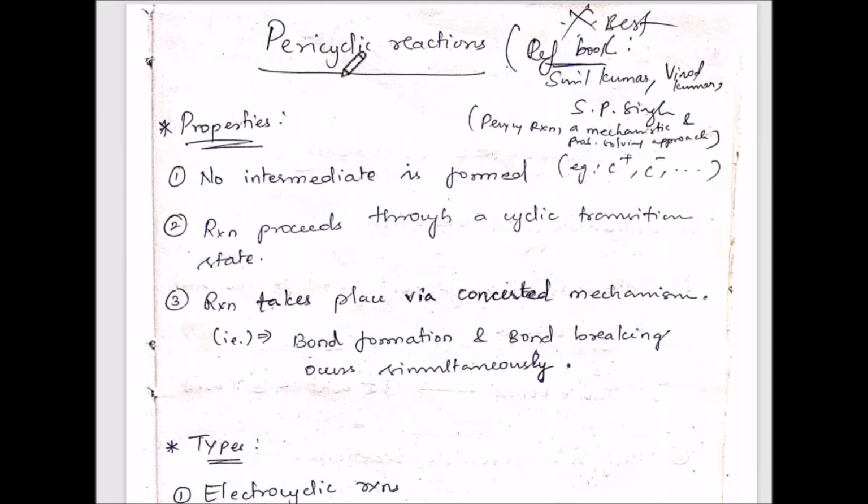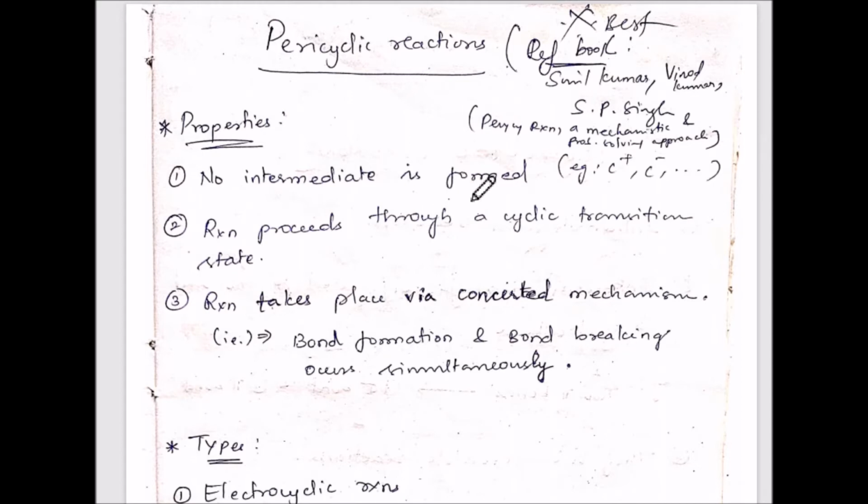You know that normally pericyclic reactions are reactions which involve only heat or light. The reactions are induced either by heat or light. That is a special role for pericyclic reactions. We need to understand some properties which give a unique identity to these reactions. The first property: there is no intermediate formed.